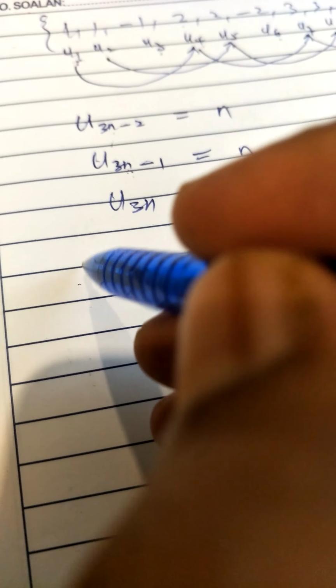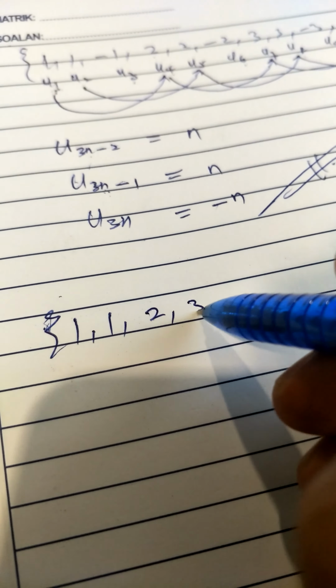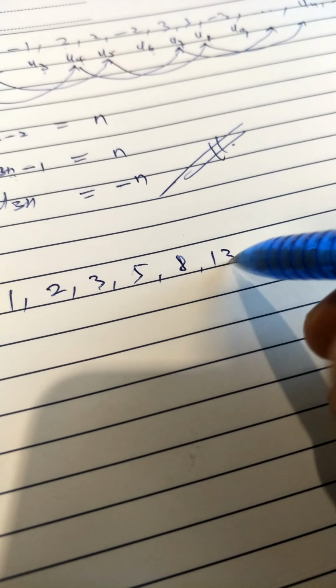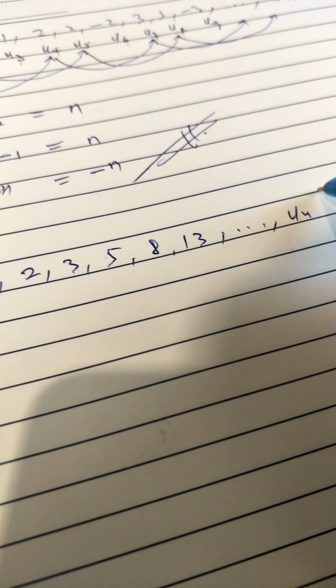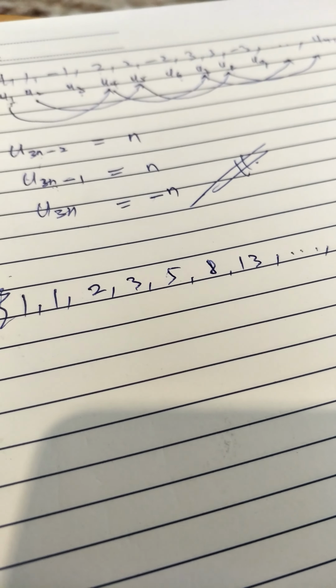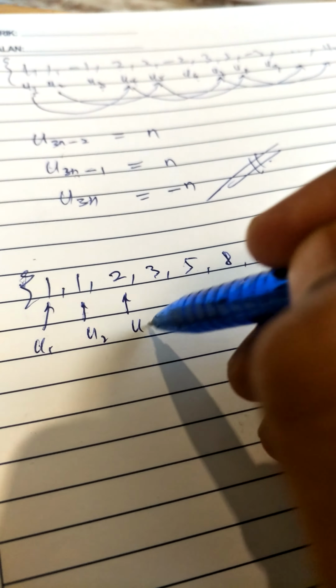If you have terms like 1, 1, 2, 3, 5, 8, 13, and so on. What is un? Look at this, this is u1, this is u2, this is u3, and so on.